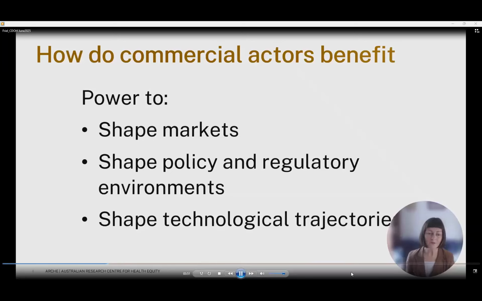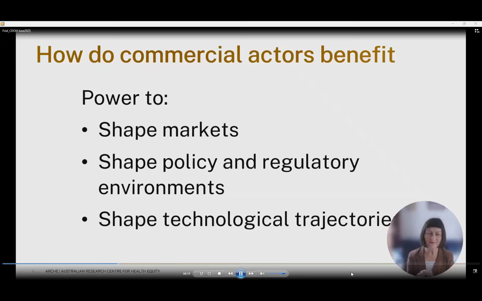And then they also have the power to shape technological trajectories, or actually keep a focus on technological trajectories. And that sometimes diverts attention away from the broader context that matters for health, which is not a technological focus.